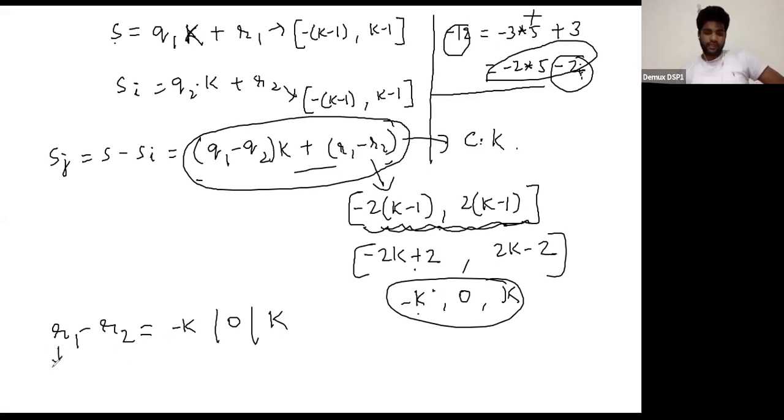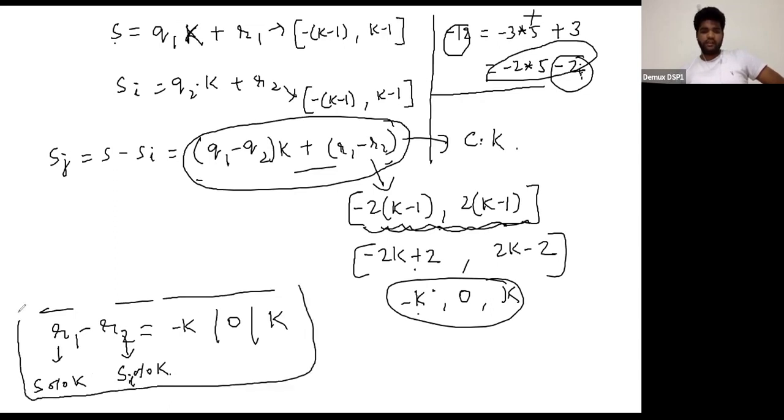So R1 is basically nothing but S modulo k, the total sum modulo k, and R2 is Si, the prefix array modulo k. Now ask me questions if you don't understand anything. This is the final condition if you are including negative numbers as well.